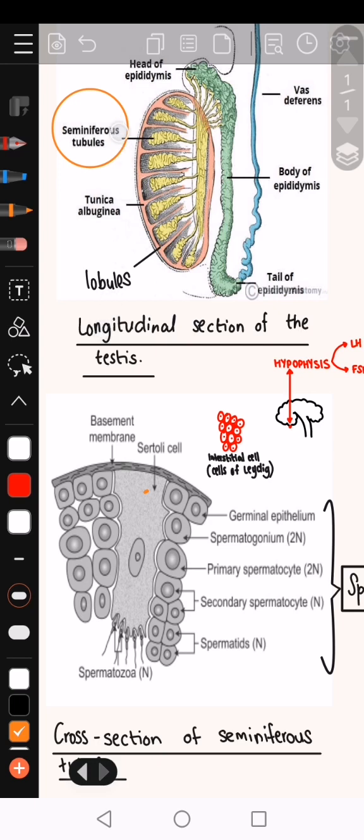This is where we find the seminiferous tubules in the internal view of the testes.